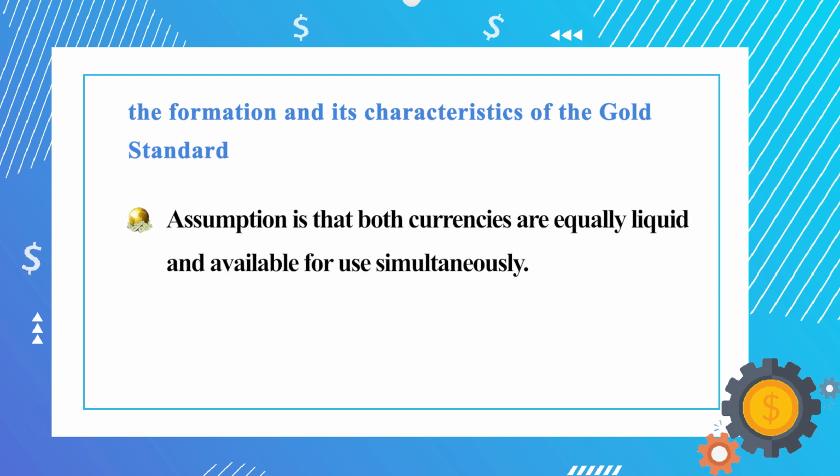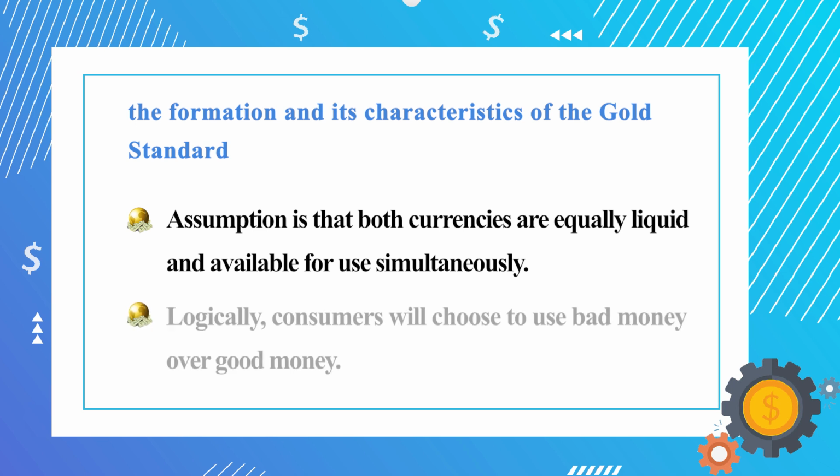One basic assumption for the concept is that both currencies are equally liquid and available for use simultaneously. Logically, consumers will choose to use bad money over good money because good money has the potential to be worth more than its face value.